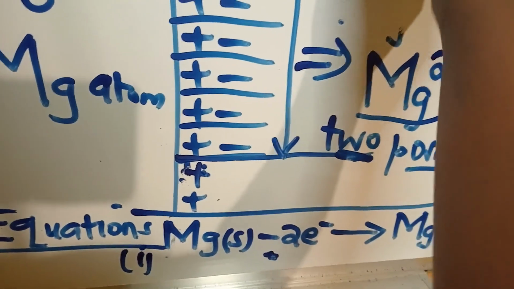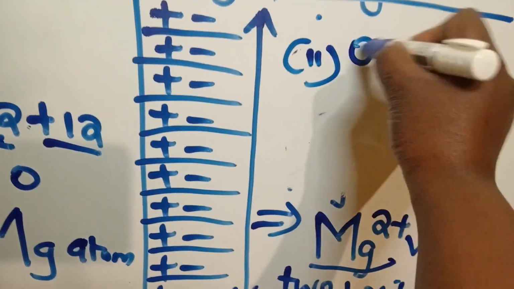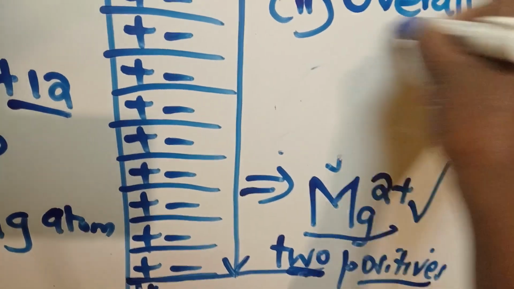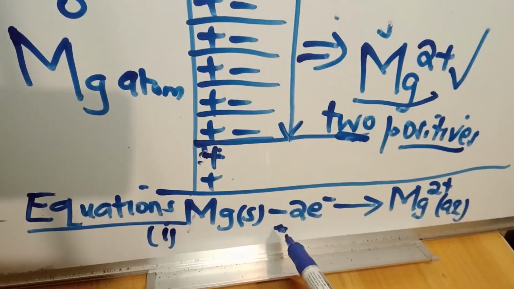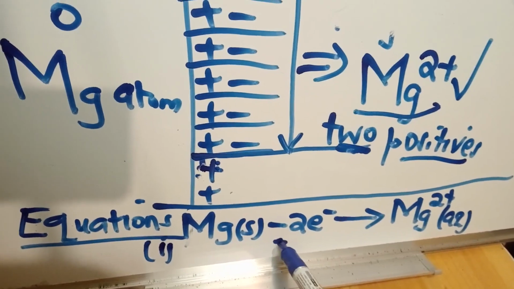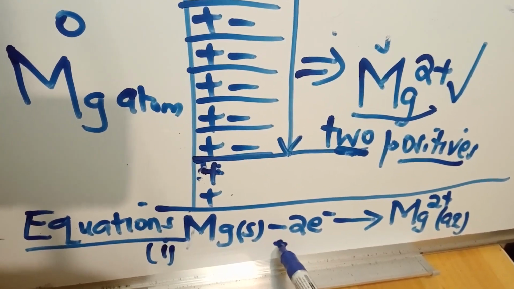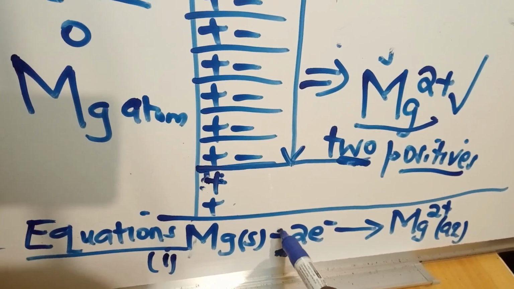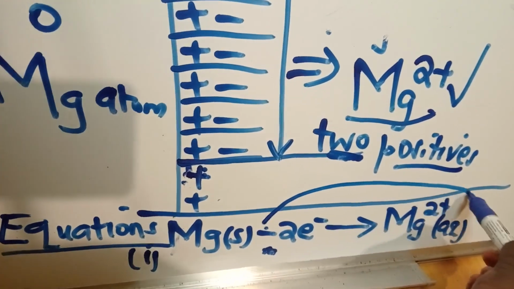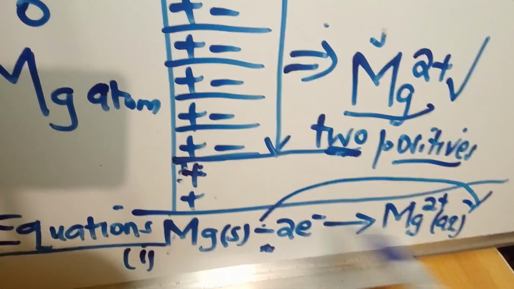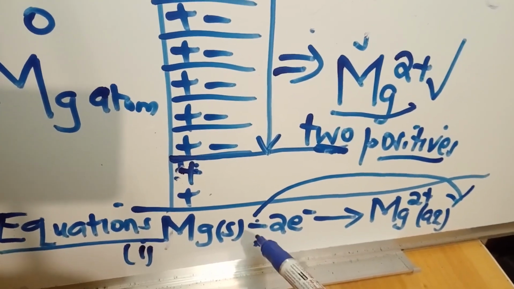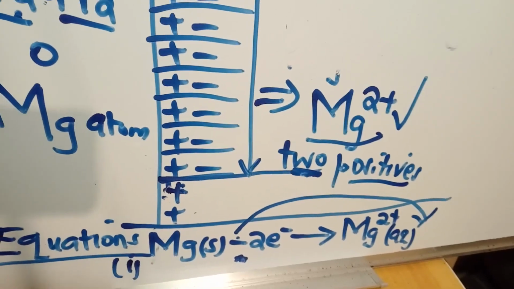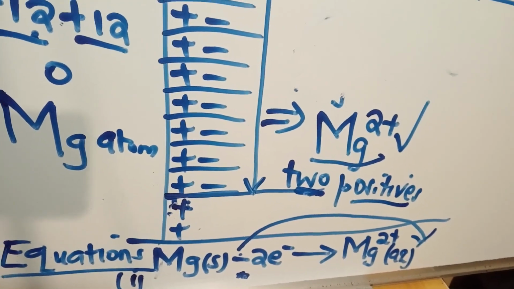The second equation, which is actually the overall equation for that case, now that we are saying we always avoid being left with a negative on the left hand side, and just like we do in normal mathematics, we just take this one to the other side. So it is the same equation, only that the negative has been taken to the other side. And when you take it to the other side, the negative will become positive.